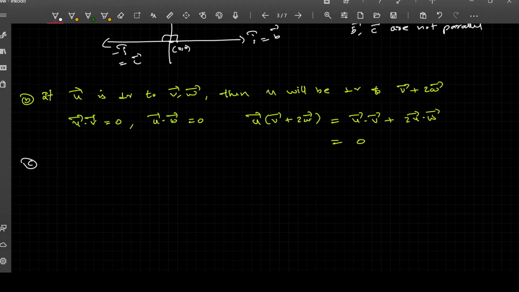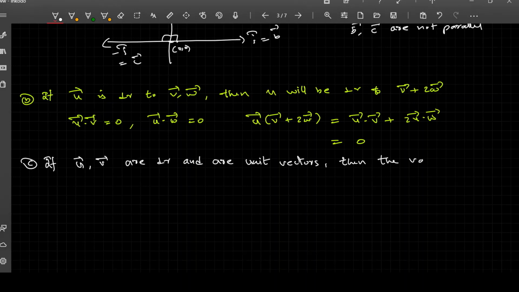Coming to the C part of the third question. If u vector and v vector are perpendicular and are unit vectors, they have given that the magnitude of u vector minus v vector is equal to root 2.